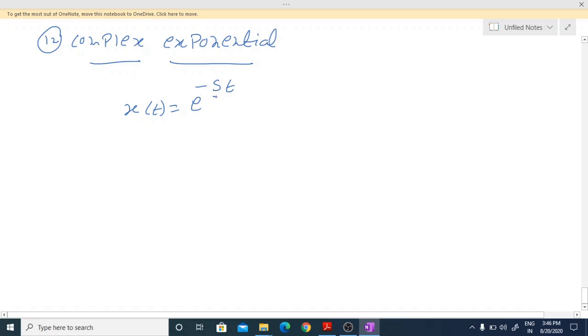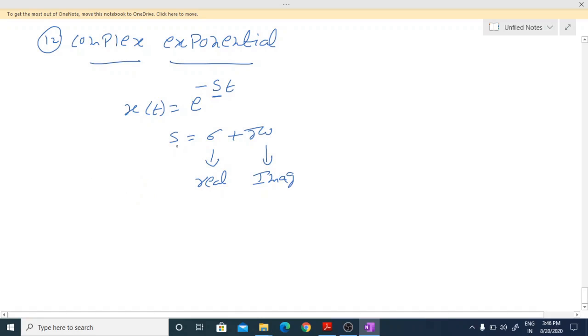Here s is a complex value. So we consider s equal to sigma plus j omega. Here sigma is the real term and omega is the imaginary term.